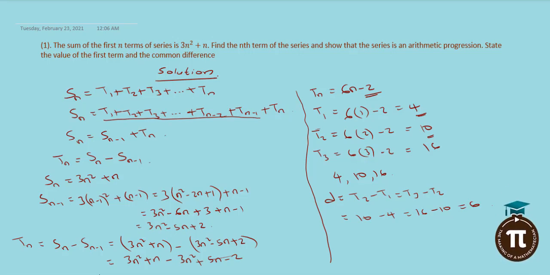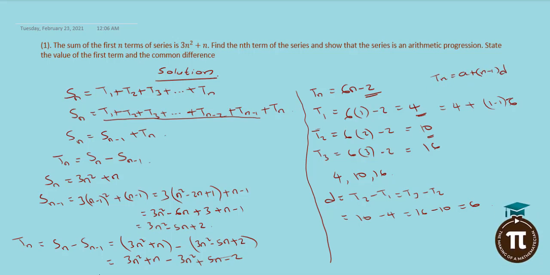Or when you got this 4, you could as well say this is 4 plus 1 minus 1 times 6, because that is how to write the nth term of an AP, and AP is given as a plus n minus 1 d.